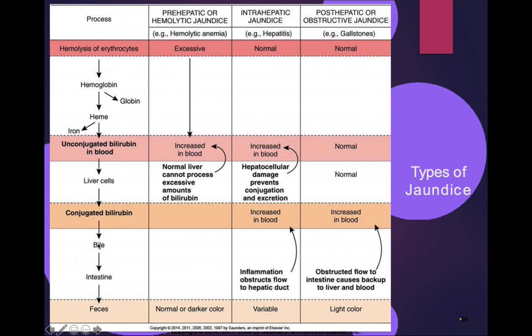It's important that bile is broken down, and when bile is broken down, you get things like urobilinogen and bilirubin and stercobilin. And stercobilin helps to give the feces its brownish color, and the urobilinogen helps to give urine its yellow color.